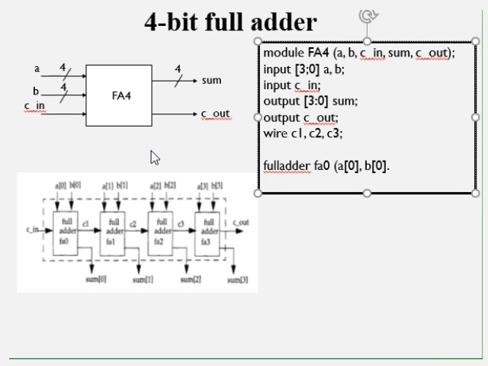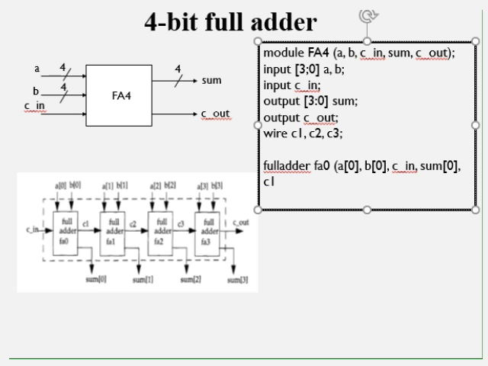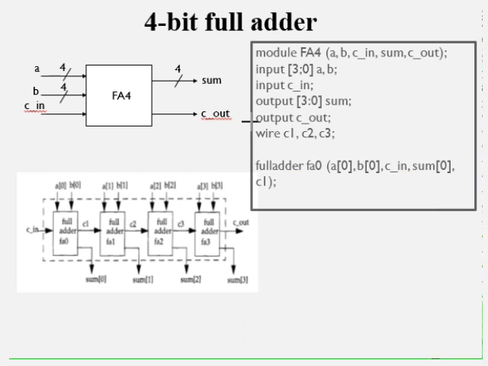These are the two inputs to the first full adder FA0. Carry in is C underscore in, that is the input carry, and the output sum bit is sum of 0. And carry out is C1, the intermediate signal that you have just declared.